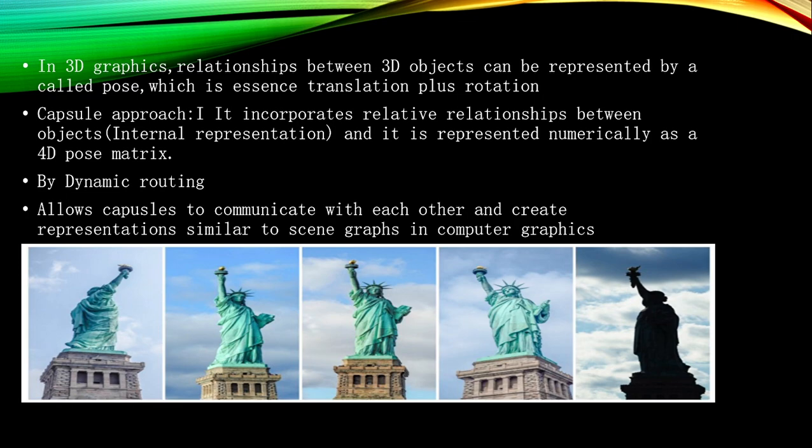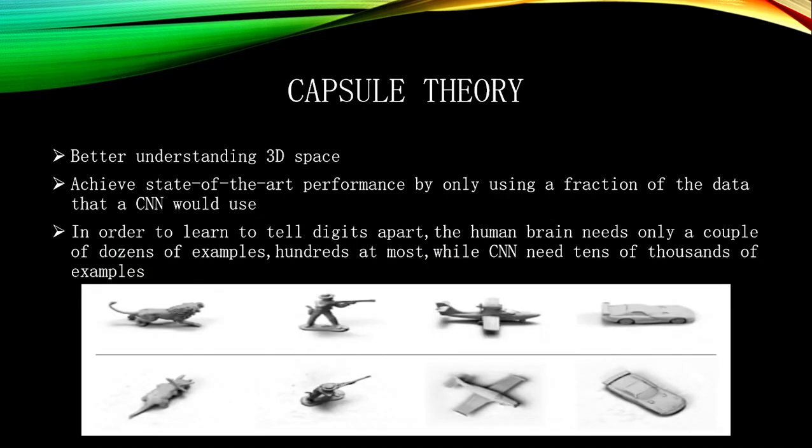The capsule approach incorporates the relative relationship between an object's internal representations, and it is represented numerically as a 4D pose matrix. Dynamic routing allows capsules to communicate with each other and create a representation similar to scene graphs in computer graphics. This is capsule theory.